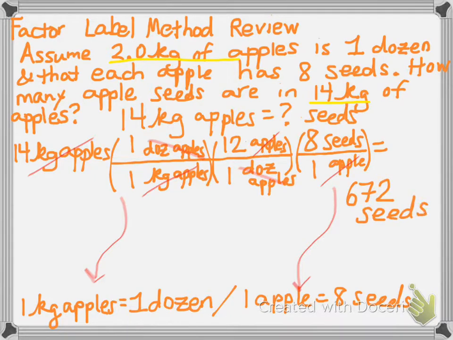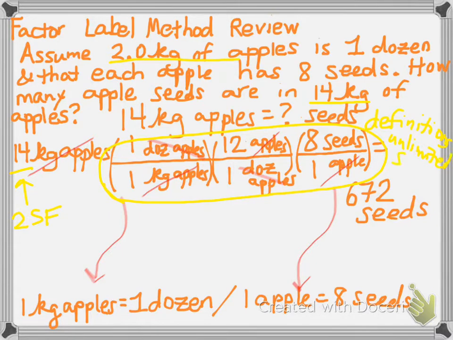Now, we did talk briefly about significant figures the week of March 9th. Remember, with significant figures, we cannot have more significant figures than our problem has. In this problem back here, this only has 2 significant figures. These we're all going to call definitions. And definitions have unlimited sig figs.